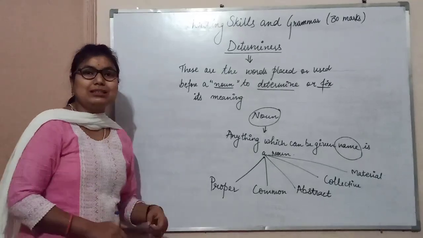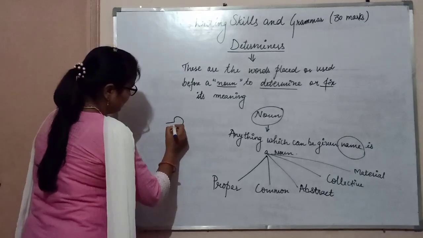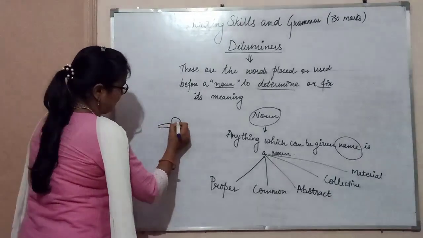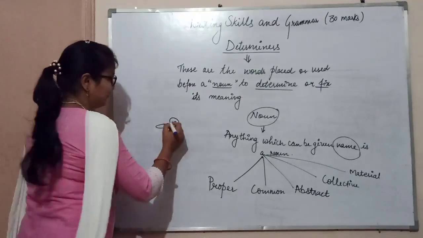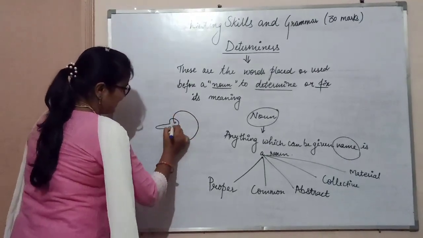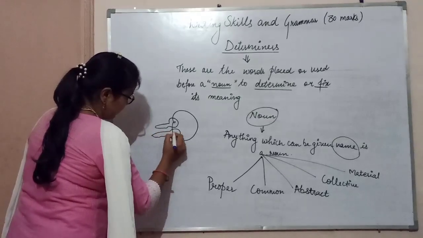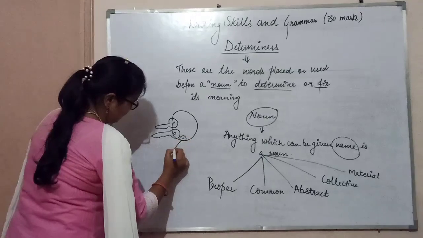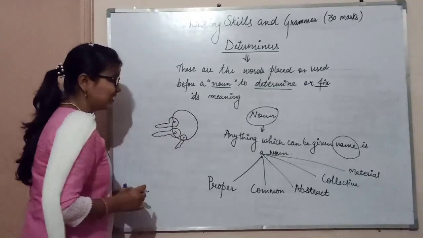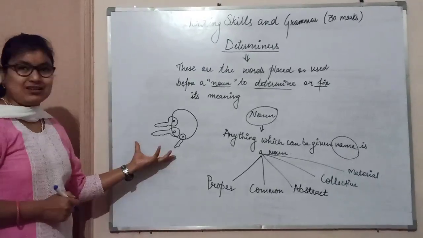Collective, collection of things is known to be the collective noun. Collection of things means, this is a key. This is a single key. If I keep it in a ring, and there are 2 to 3 keys, so this is a collection.